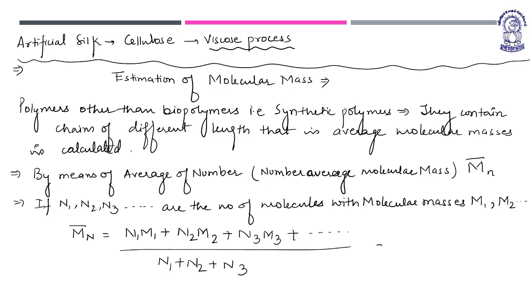It can be written as sigma ni mi upon sigma ni, where ni is basically the number of molecules of the ith type.